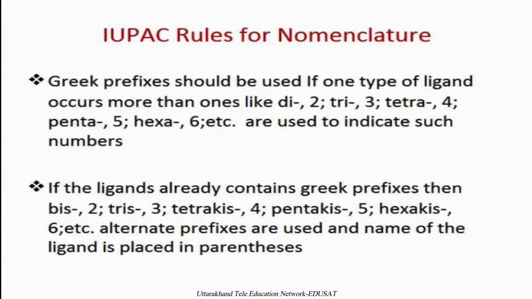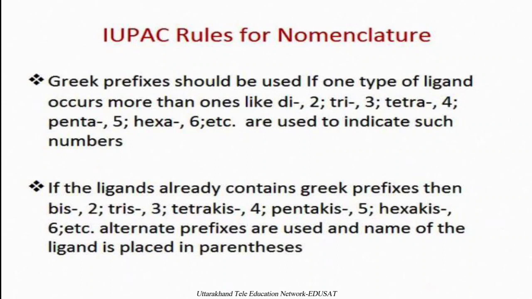There are certain other rules that we have to follow for naming coordination compounds. Greek prefixes should be used if one type of ligand occurs more than once: di, tri, tetra, penta, hexa are used to indicate such numbers.